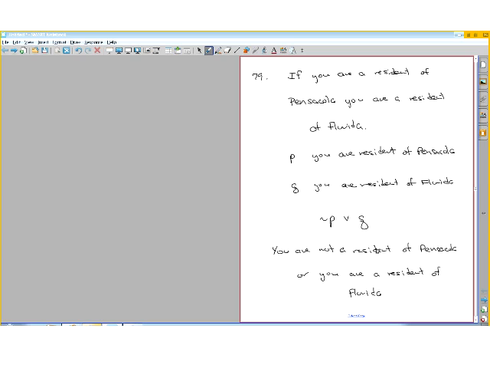So that's right, but I don't get a good warm fuzzy feeling about this, so let me think about it again. You are not a resident of Pensacola, or you're a resident of Florida. So if you are not a resident of Pensacola, then you are not a resident of Florida.